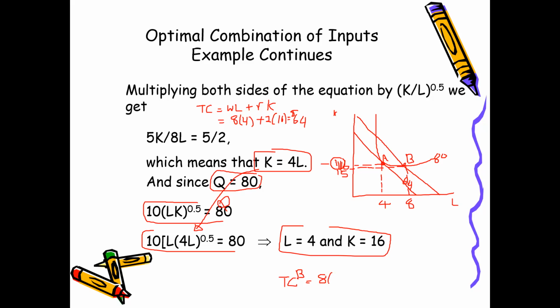Now we need 8 units of labor plus price of capital 2. Now we need the 15 units of capital. So in that case, we need something about $94, or we spend $94 if the producer produces at B point.